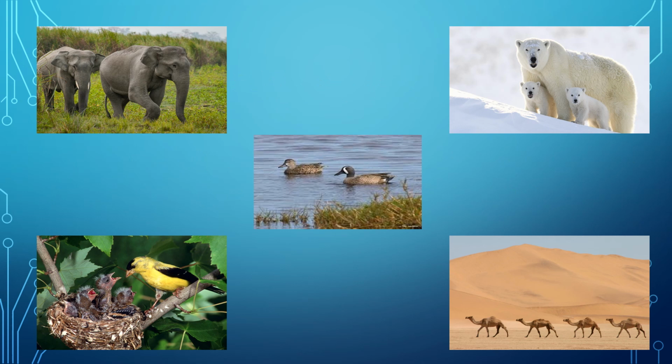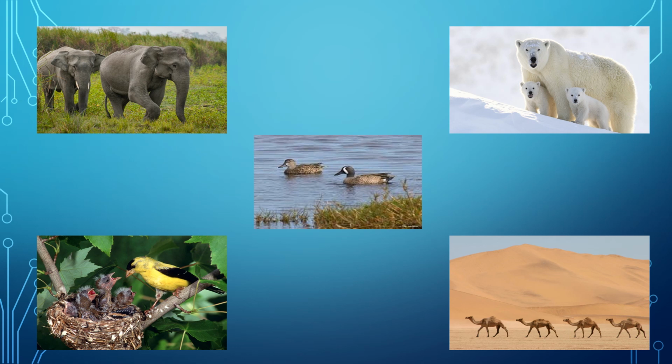So dear students, you can see here there are various kinds of animals and birds living in different environmental conditions. Elephants are living in the forest while the ducks are living in the water. Polar bears are living in extremely cold conditions.